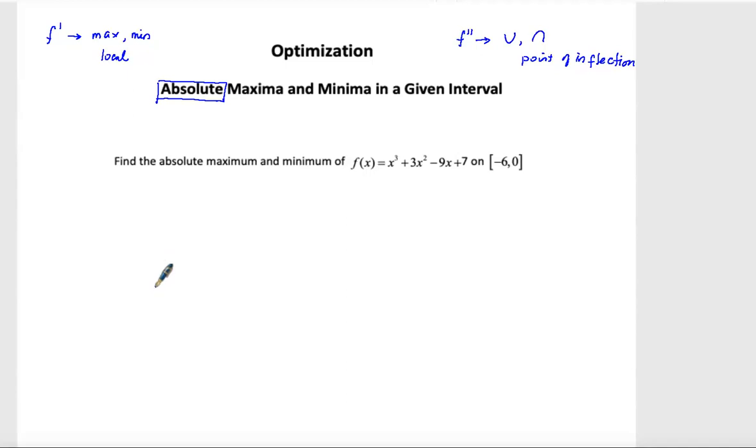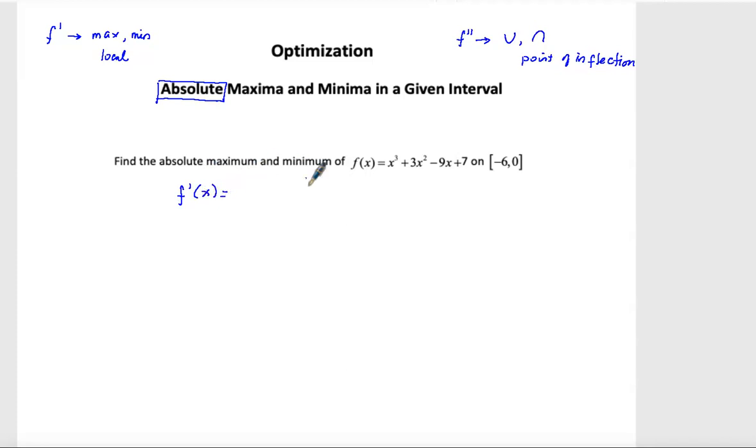Find the absolute maximum and minimum of the function f of x equals x cubed plus 3x squared minus 9x plus 7 on the interval from -6 to 0. So we're finding the maximum and the minimum, which means we have to find the first derivative.